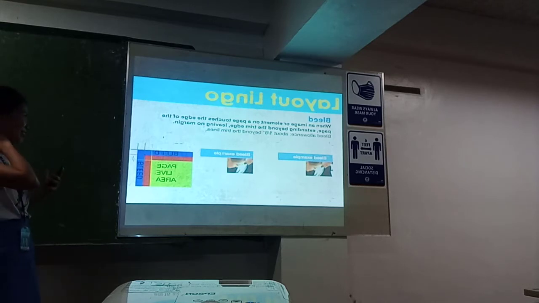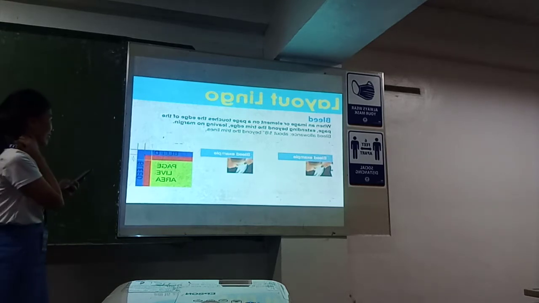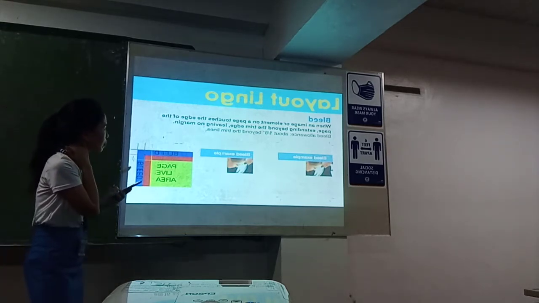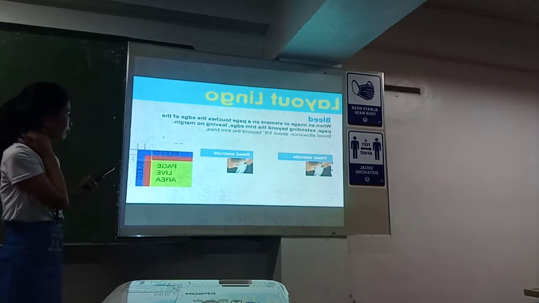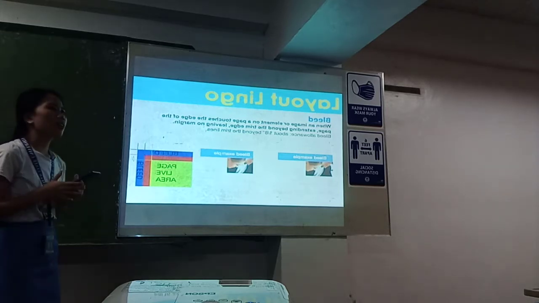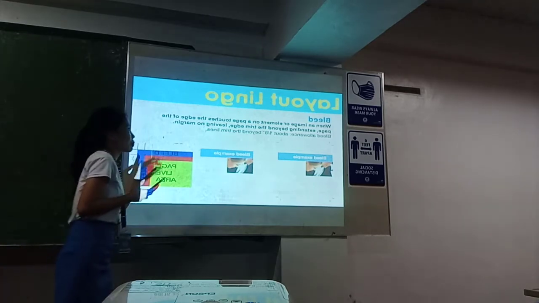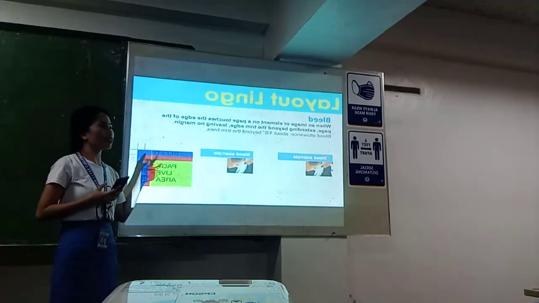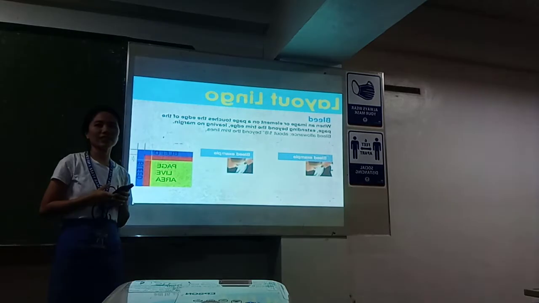An image or element on a page touches the edge of the page, extending beyond the trim edge, leaving no margin, with an allowance of about 1/8 inch beyond the trim line. So what is the idea? What is the meaning of bleed?